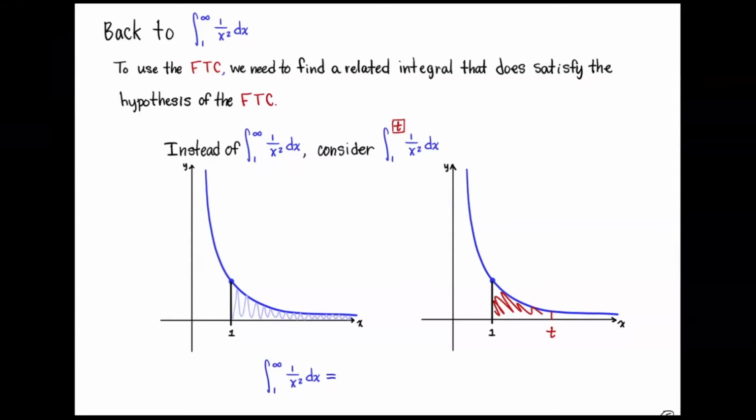So we can say that this integral from 1 to infinity of 1 over x squared dx is equal to, and I'm going to leave a little space here, but for now, we have the integral from 1 to t of 1 over x squared dx. And we can see these are clearly not equal because of the upper bound of infinity there. But what we can do in our math speak is take the limit as t approaches infinity.